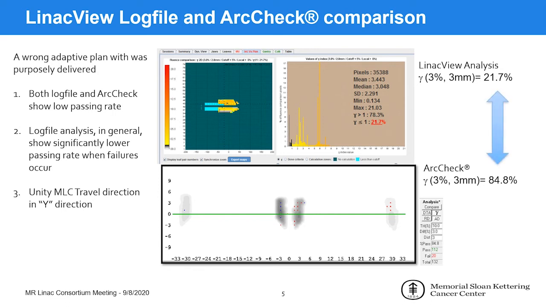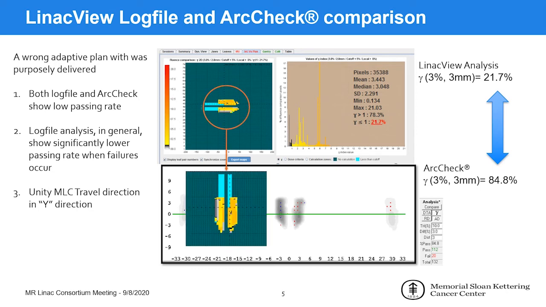Because of the direction of the Unity MLC travel, the display of the Linac View appears to flip 90 degrees, as shown here. So I rotated the MLC so we can appreciate the similarity between the log file generated fluence and the ArcCheck measurements.